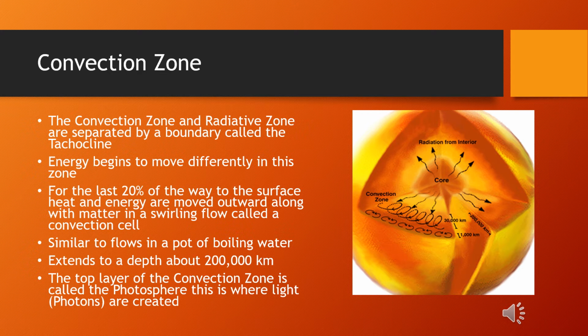It's similar to the way the water flows in a pot of boiling water. And the convection zone extends to a depth of about 200,000 kilometers into the sun. The top layer of the convection zone is called the photosphere, and this is where the light photons are actually created and you can see the visible light.